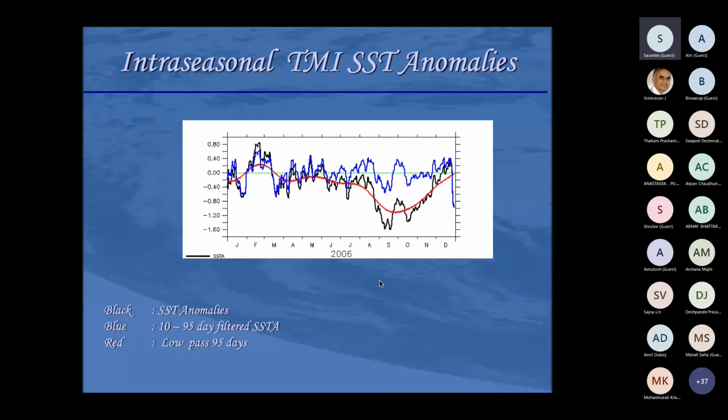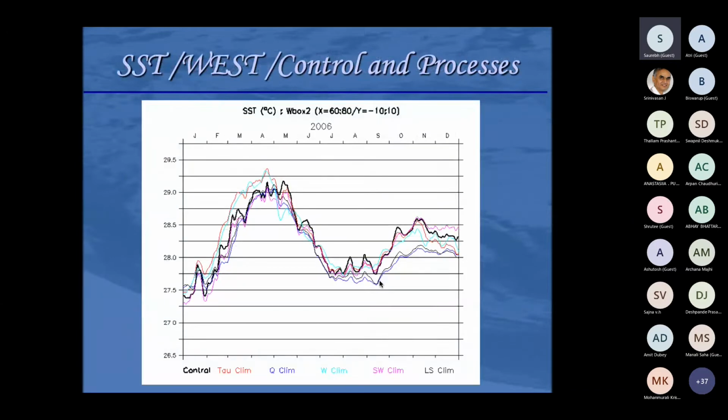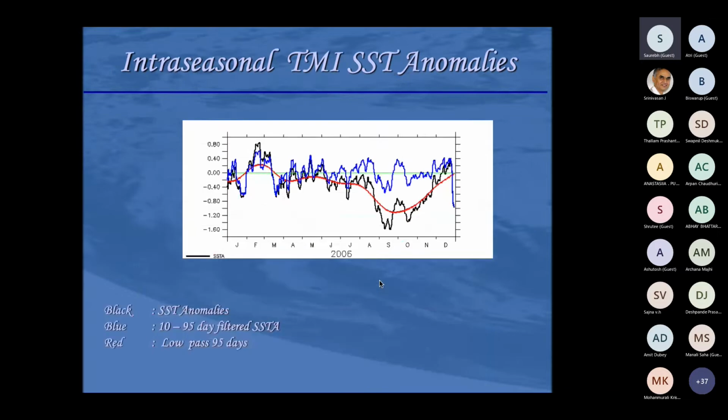Irrespective of that, what we see is that we can use an ocean general circulation model to identify which process is important in these processes. So one additional episode that happens is the so-called intra-seasonal variations. There are studies which suggest that these intra-seasonal events contribute to a large extent to the evolution of these events. So we try to study this. These are the 3 curves.